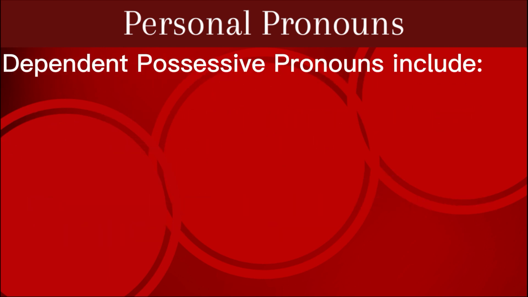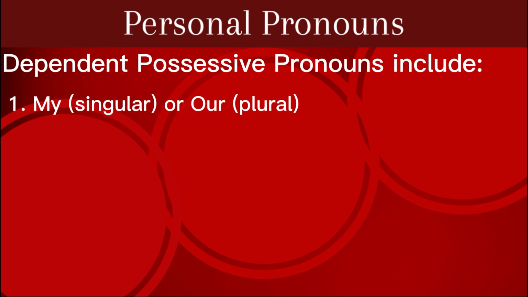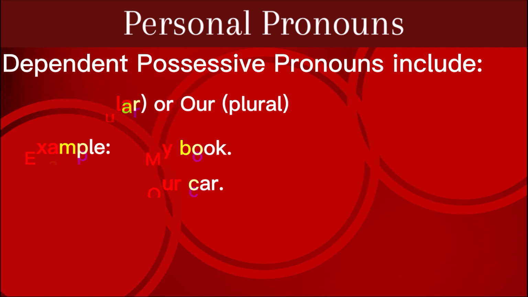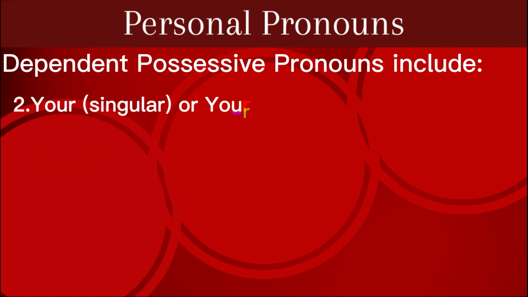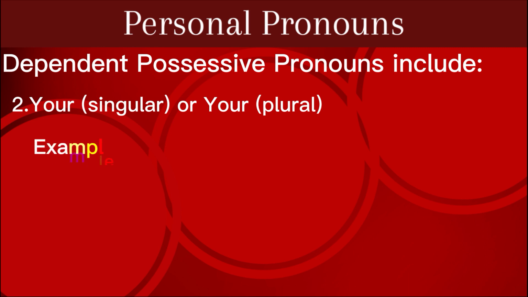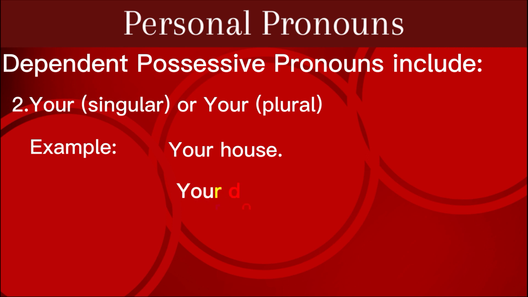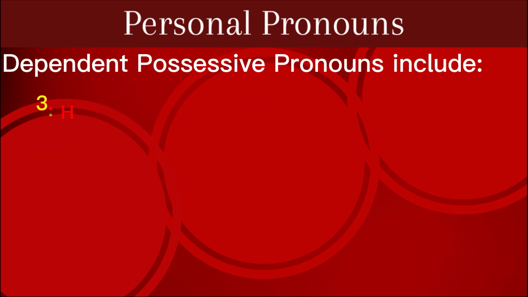Dependent possessive pronouns include my, singular, or our, plural. Example: my book, our car. Your, singular or plural. Example: your house, your dogs. His, singular.